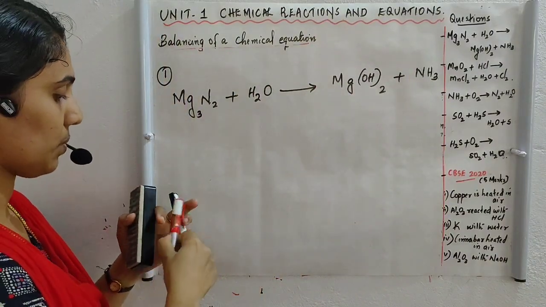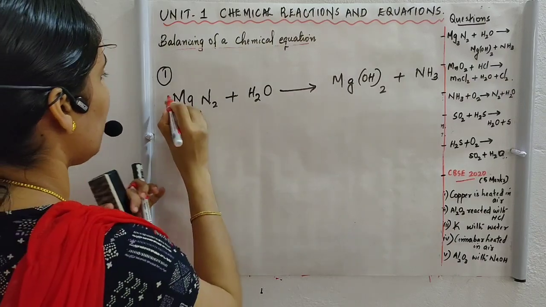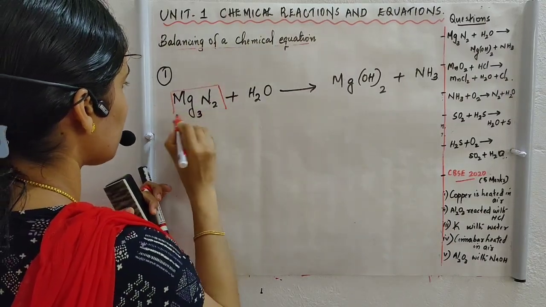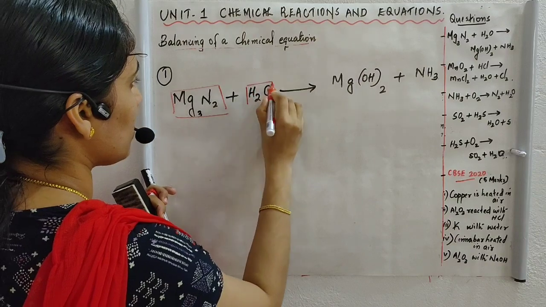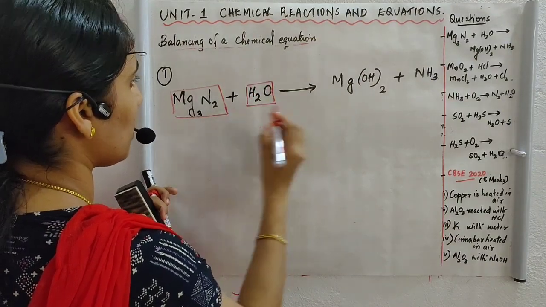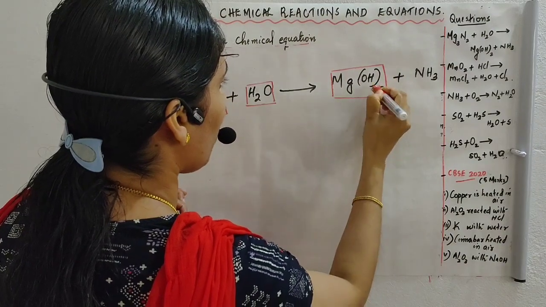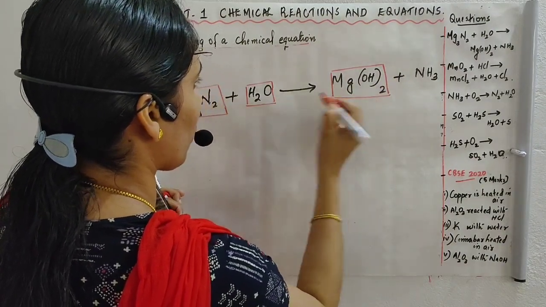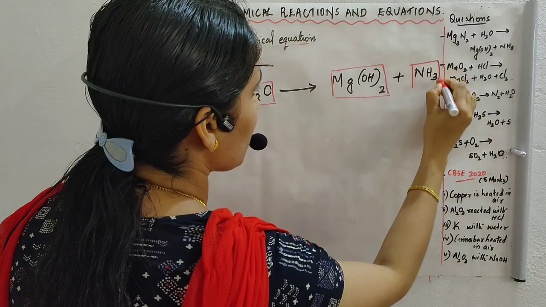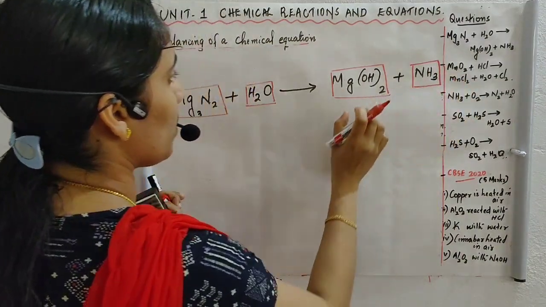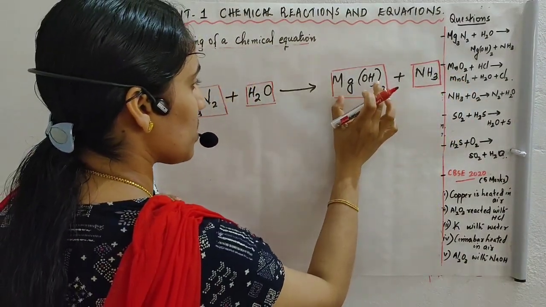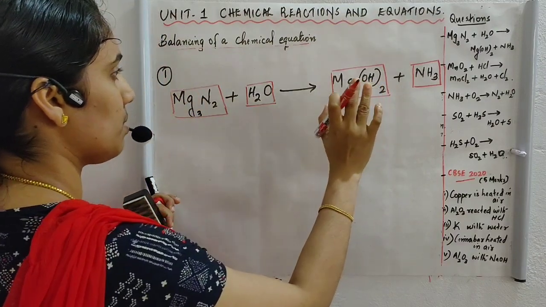So how to balance? Before balancing, keep the equation in boxes. Why? Because sometimes there is a tendency to alter the formula. You cannot change the subscripts. If you have such a tendency, just enclose the formulas in boxes.